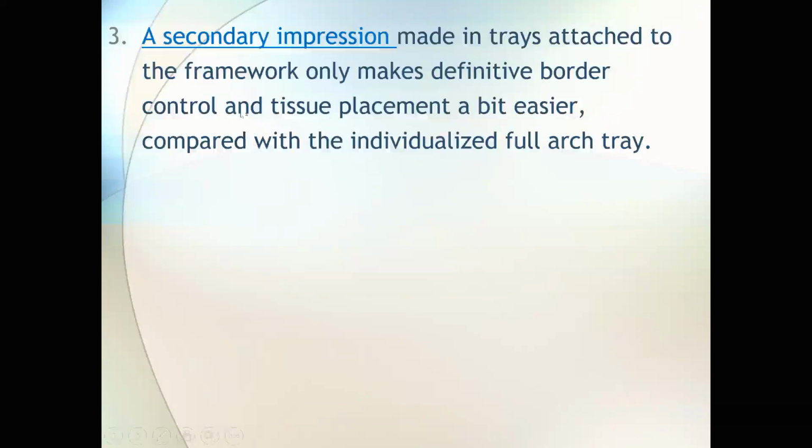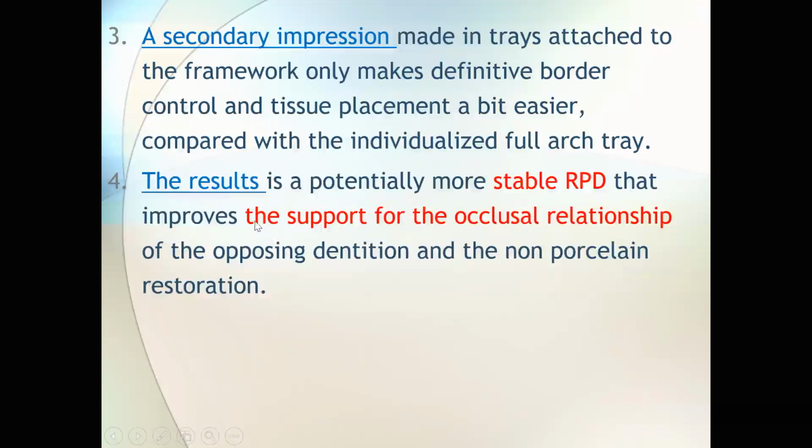And that is why a second impression made in a tray attached to the framework only makes definite control and tissue placement a bit easier, if you compare this with the individualized full arch tray. By this, the result is a potentially more stable RPD that improves the support for the occlusal relationship of the opposing dentition and the non-porcelain restoration.